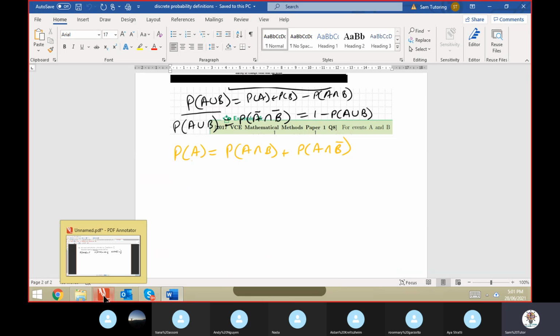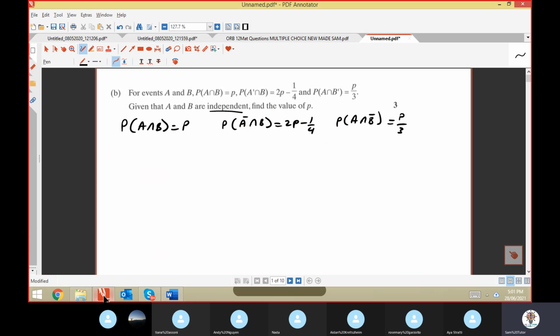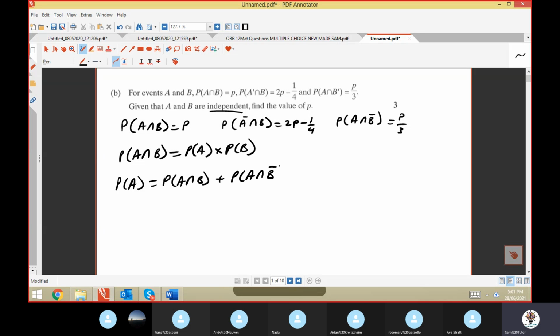I'm probably using it in this one anyway. So independent means probability of A and B equals probability of A times probability of B. And probability of A equals probability of A and B plus probability of A and not B.